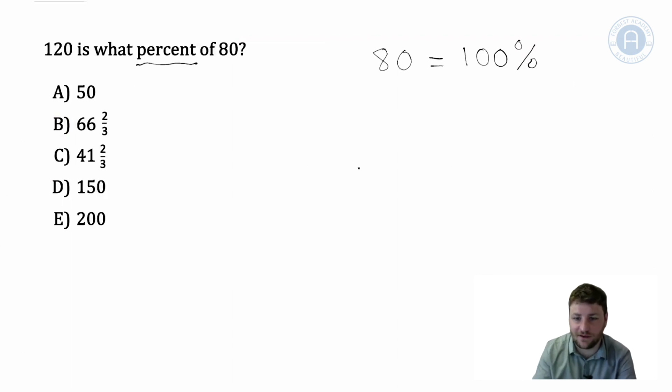And we're trying to find out what 120 is. Now, these are quite nice numbers here, so it's not going to be too bad, but I'm trying to get from 80 to 120. Well, if we divide by, let's divide by 2 to get to 40, and that's going to be 50% over here.